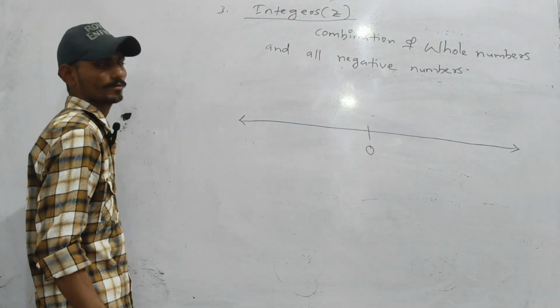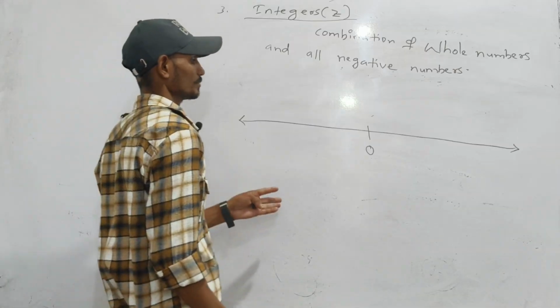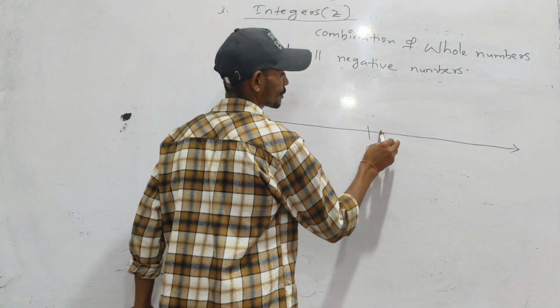You always consider 0 in the center. From 0, going left to right, are all positive numbers.